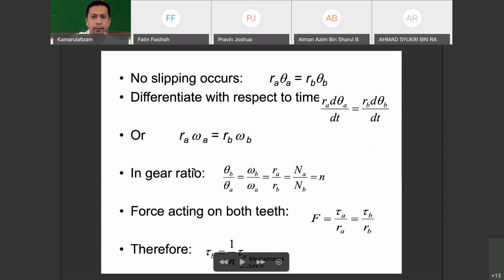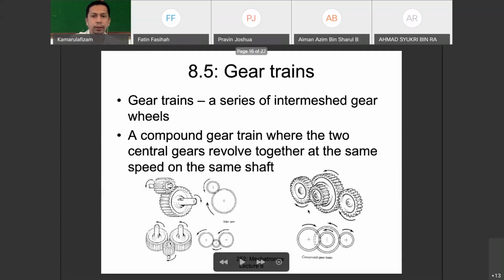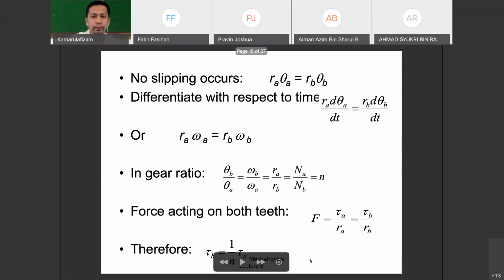So this is the very basic concept of the gear. Okay, the force is important because you want to calculate the force, so basically you must have some idea of how to get the force acting on each tooth. So this is by design and by calculation.